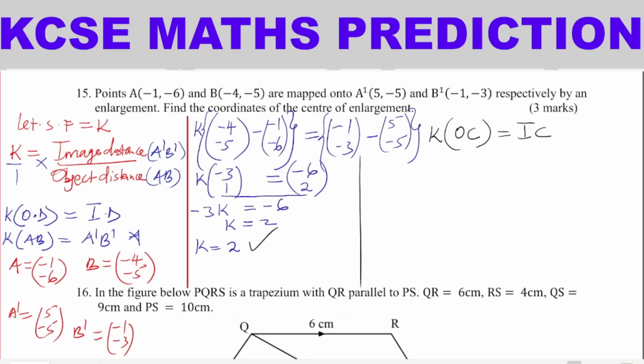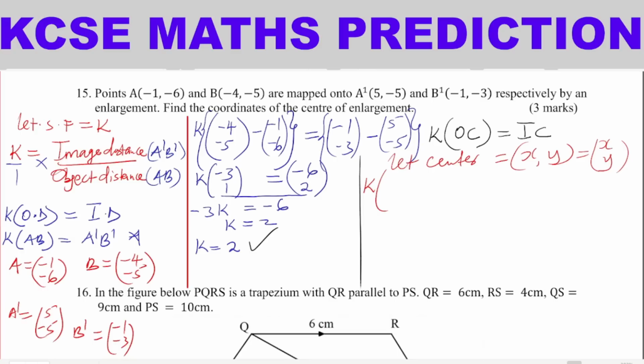Now in this case, I'll let the center be (x, y). You can write this in column form, x y, like that. Therefore, I take K, and I can choose the point that I'm going to use.